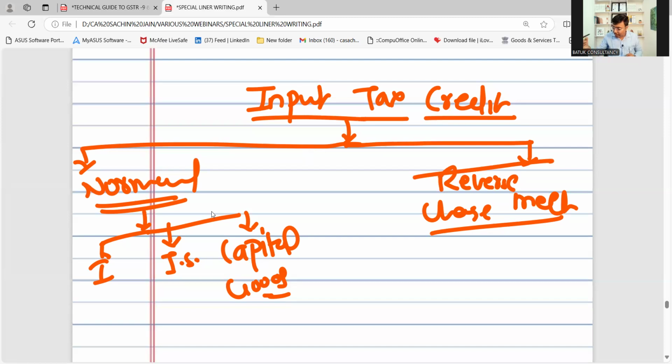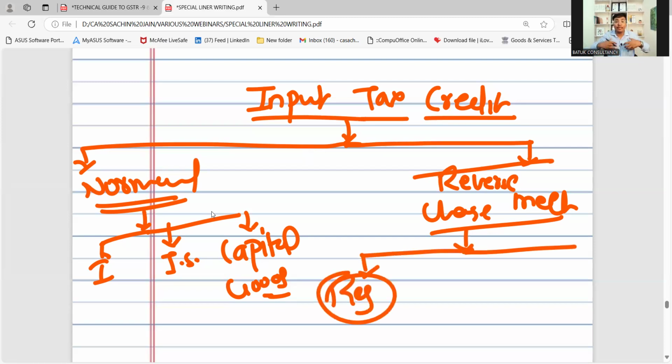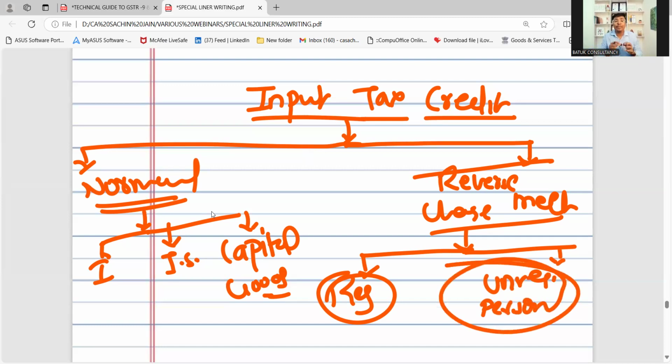Now, under reverse charge mechanism, there may be chances that I had bought the goods from a registered person and I am paying the tax under reverse charge mechanism. There may be chances that I had bought the goods from an unregistered person and I am paying the taxes under reverse charge mechanism. I need to show the same.